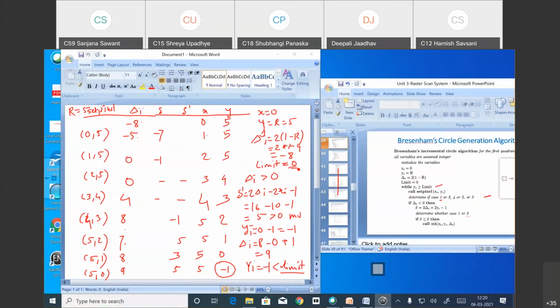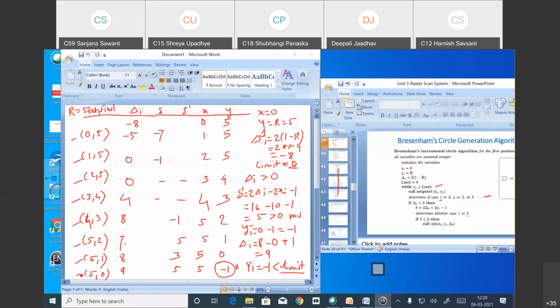No, the last pixel we are not going to set, because the value of yi becomes less than limit. Once it becomes less than limit, we stop. So which pixels are set here? 0, 5; 1, 5; 2, 5; 3, 4; 4, 3; 5, 2; 5, 1; and 5, 0.